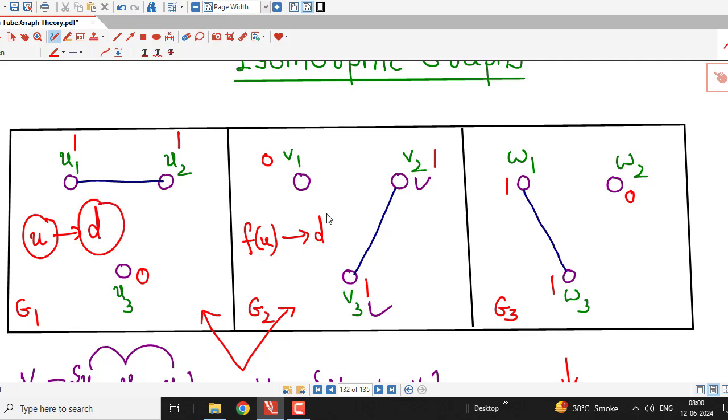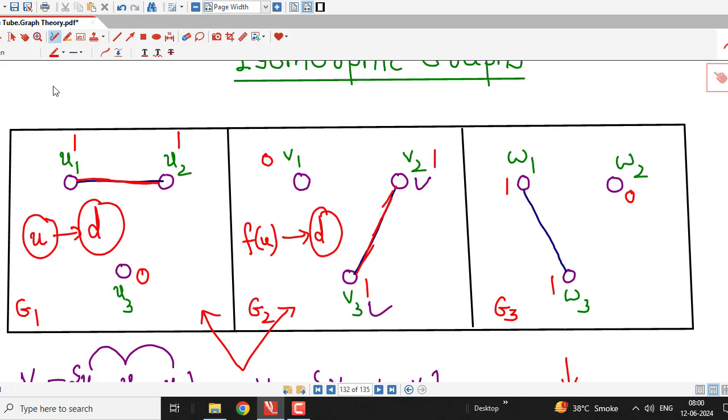So degrees of corresponding vertices must be the same. Another property is that if two vertices are adjacent here, then their image vertices must also be adjacent. If there is some isolated vertex here, we must have an isolated vertex in the other graph also.